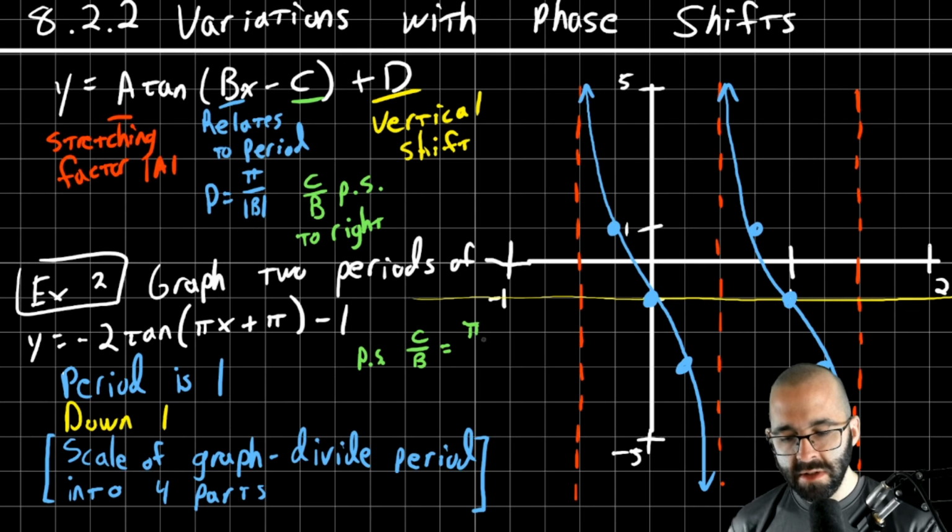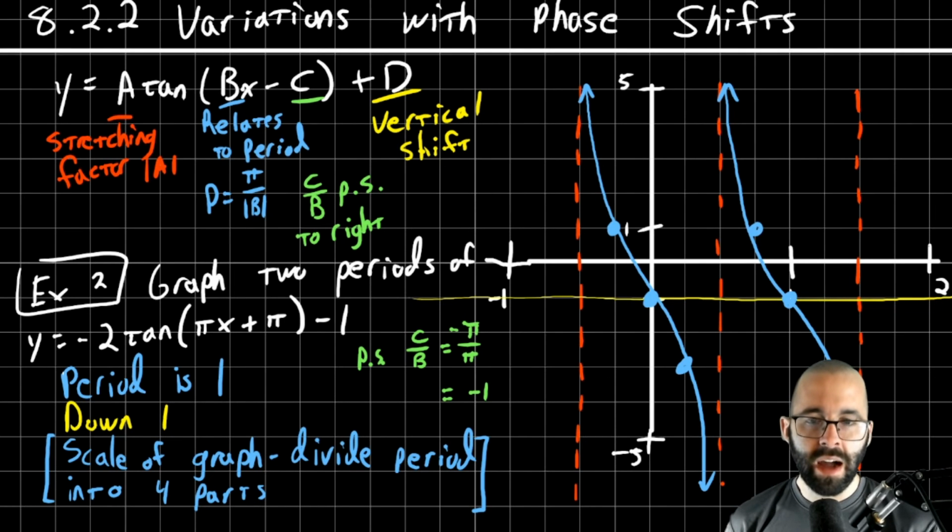Our phase shift is -pi divided by pi. That's just -1. Our phase shift says, okay, take this tangent graph and move it 1 to the left.